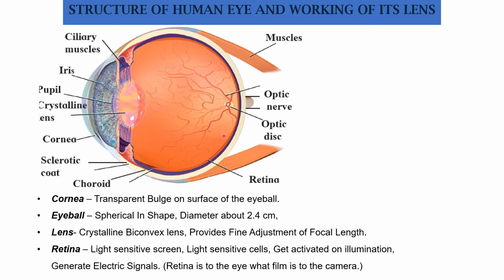But this image formed on the retina is finally converted into an electric signal, and this electric signal is carried by the optic nerve to the brain. The brain interprets the object using the stored memory, and we can see the object as it is.